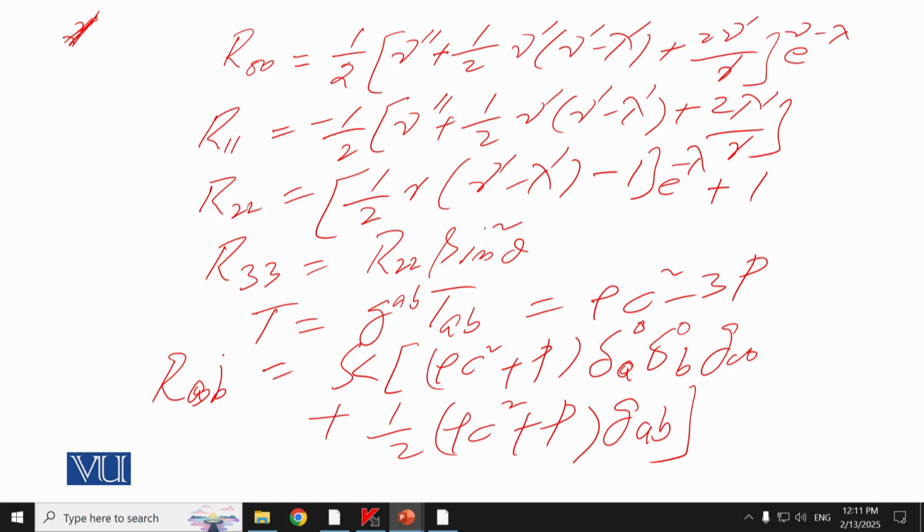So, first of all, we take the first case. That means nu prime is equal to 0. So, we insert this value in the R00 component and compare the two R00 from the last two expressions, and we can finally calculate that rho c square is equal to minus 3p.